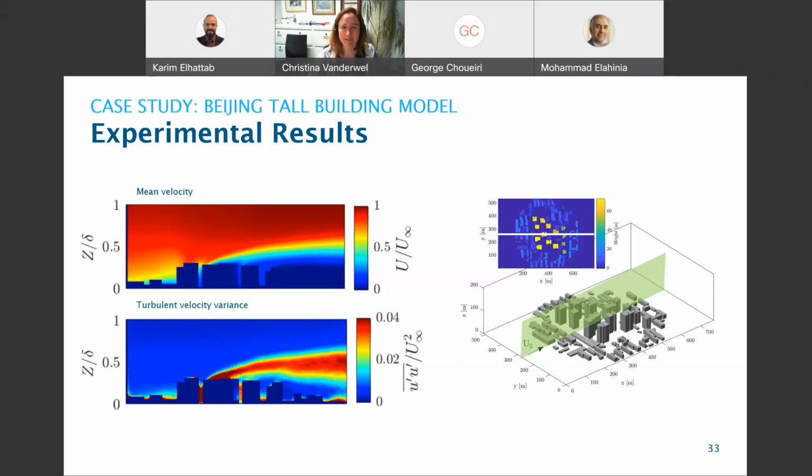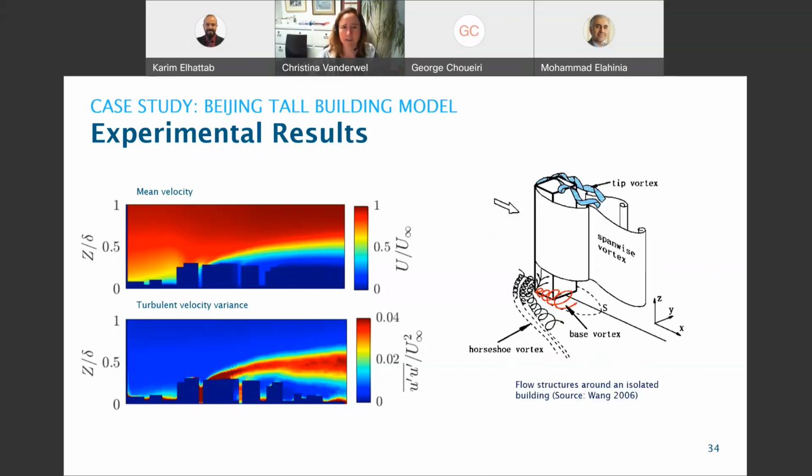So it's cut by the laser here, and that kicks up a huge wake and completely dominates the flow structure of that neighborhood. And we can see that in the mean velocity map, but also in the turbulent velocity map, because it just kicks up a load of turbulence as well into the atmospheric boundary layer.